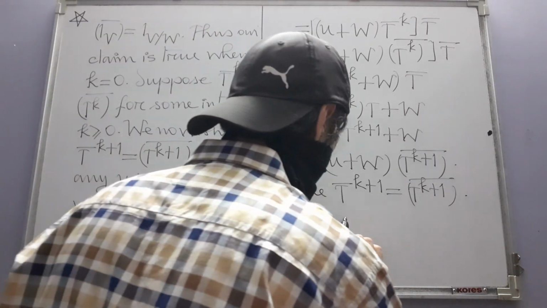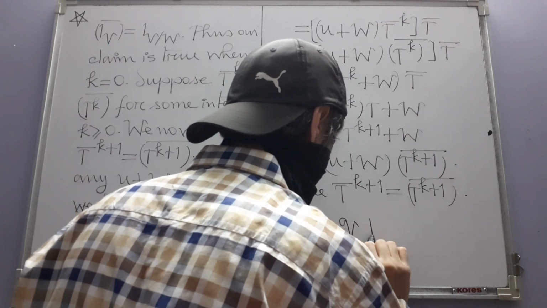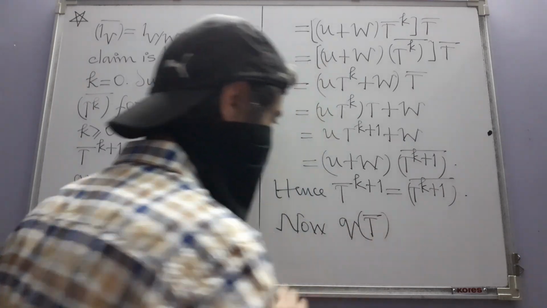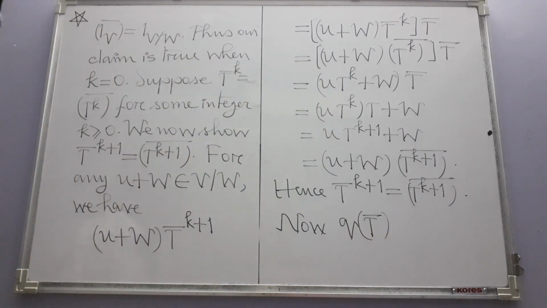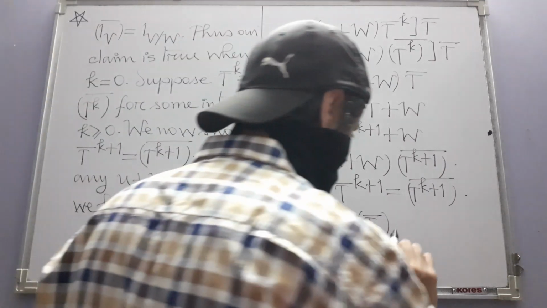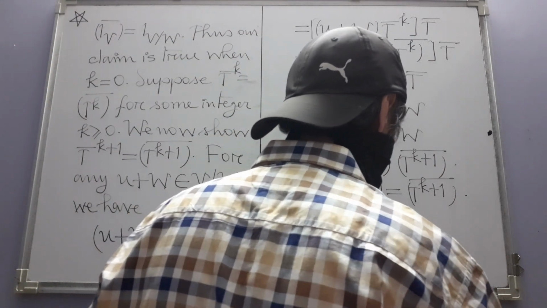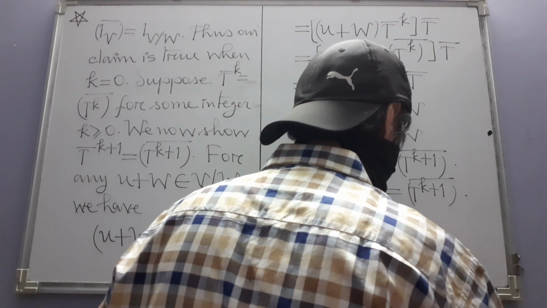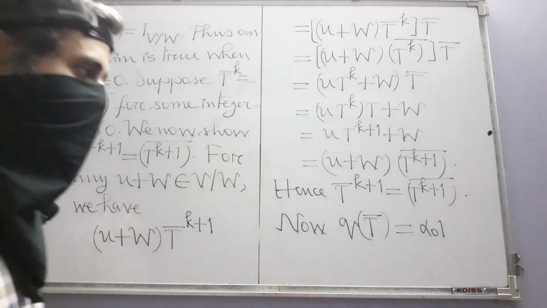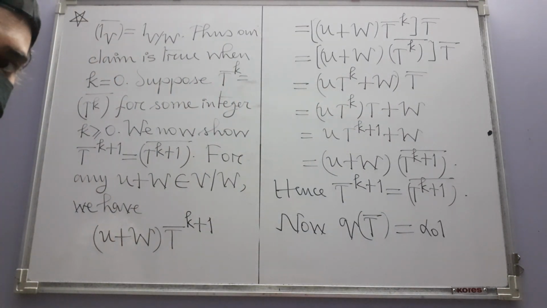Now, we straight away see what q(t bar) is. We have our polynomial, so we can write alpha naught 1. But what is this 1?